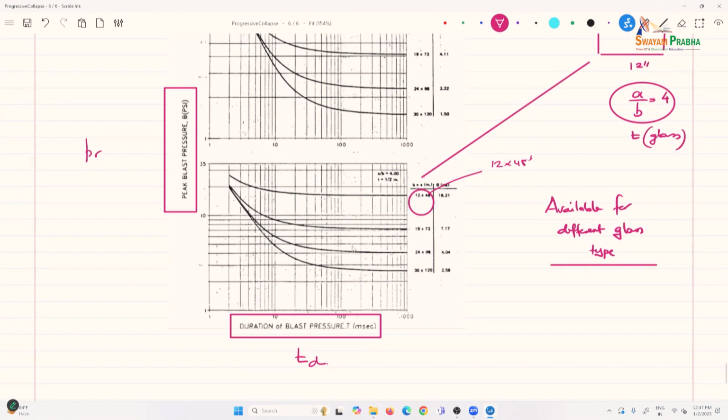So let us say given PR equal to 10 PSI and TD is 20 milliseconds.